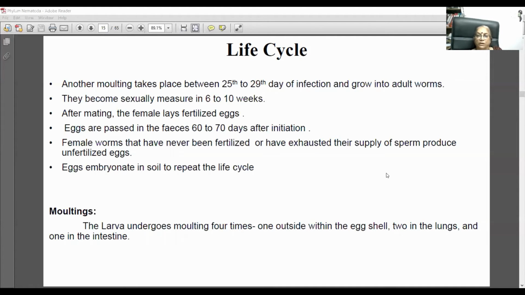When it is in the soil, that time it is going to undergo the first molting.